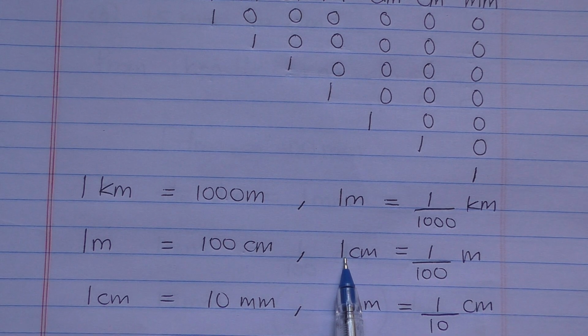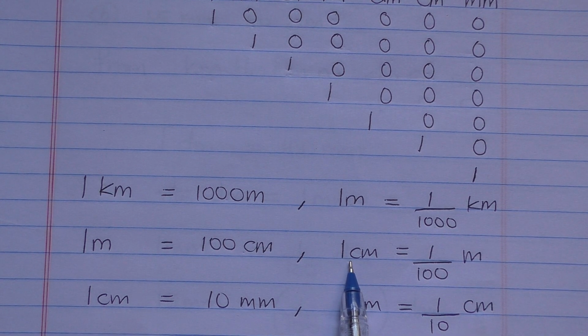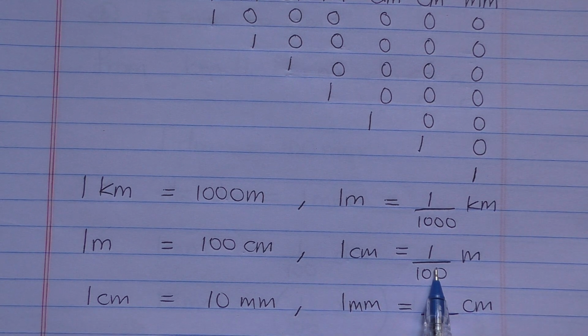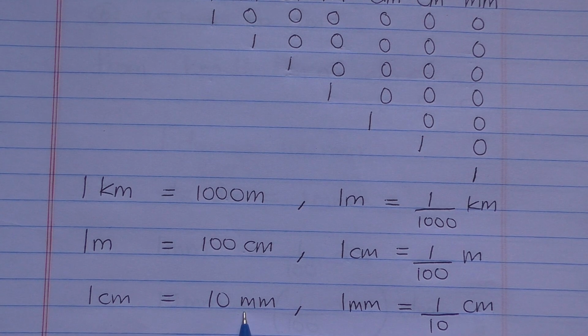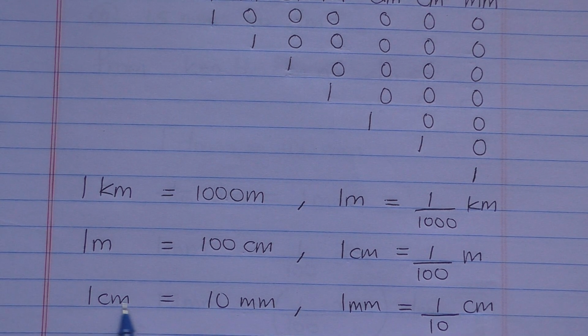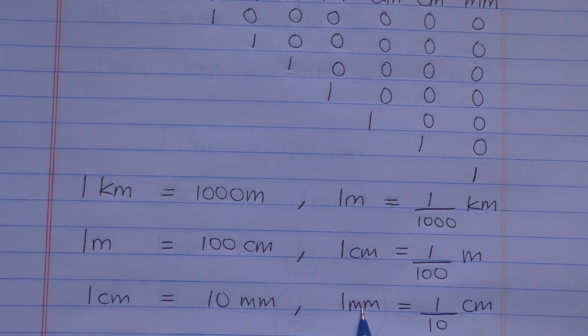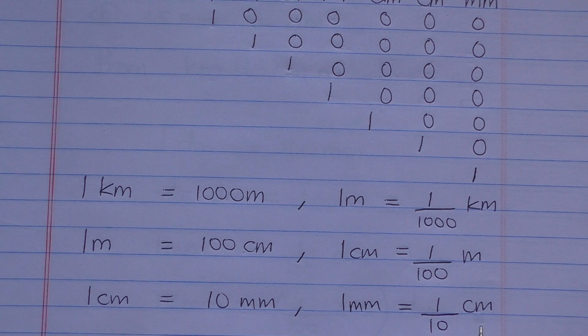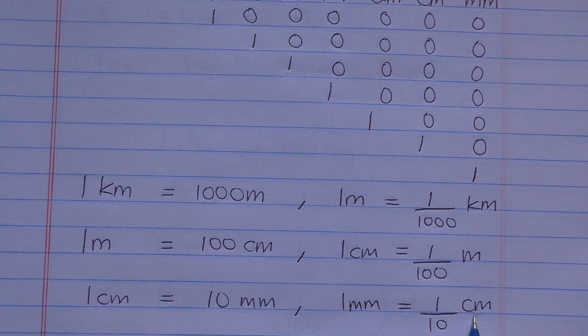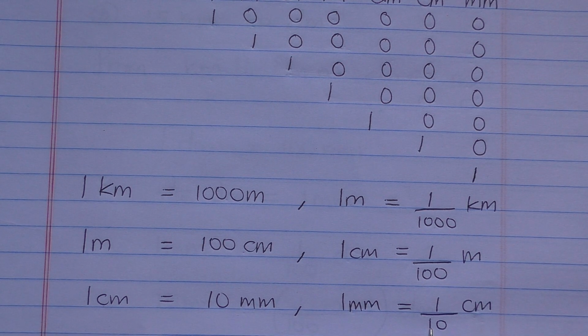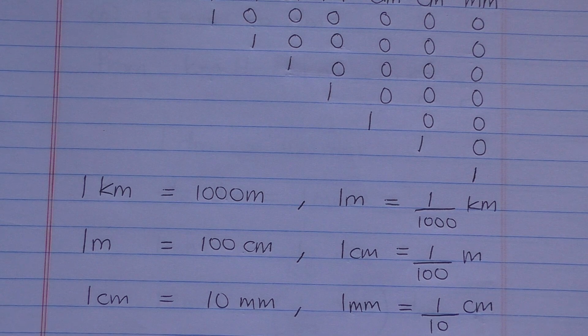So if I'm changing from centimeters to meters, I'll divide the given values by 100. Still, from 1 centimeter equaling 10 millimeters, when I divide both sides by 10, I'll end up with 1 millimeter equaling 1 over 10 centimeters. So if I'm converting from millimeters to centimeters, I'll divide my values by 10. That is how we shall convert.